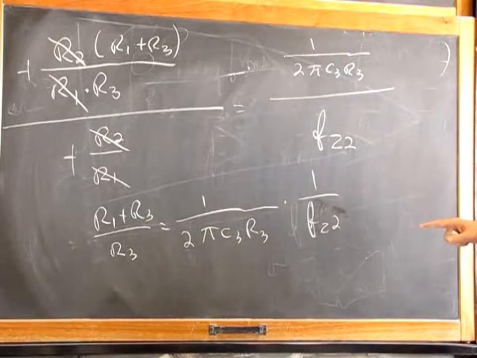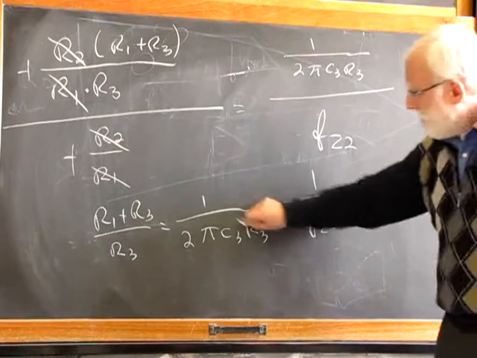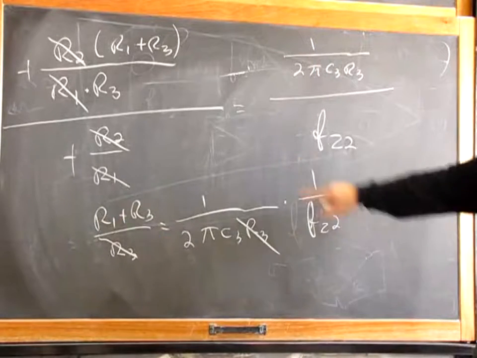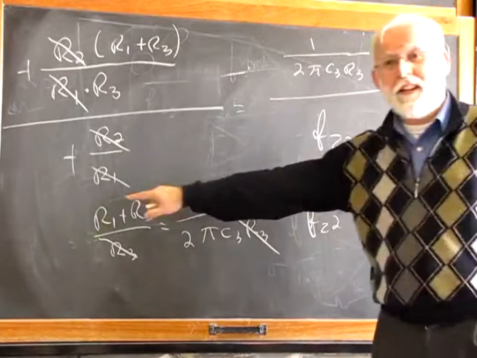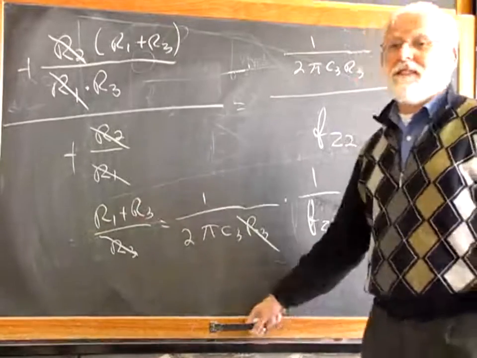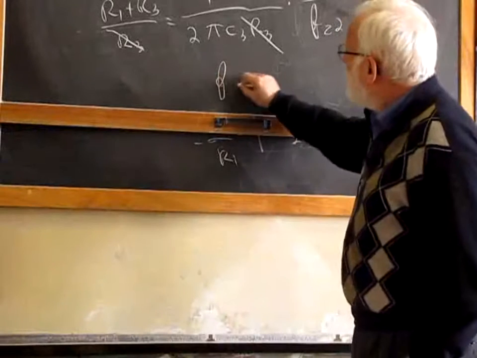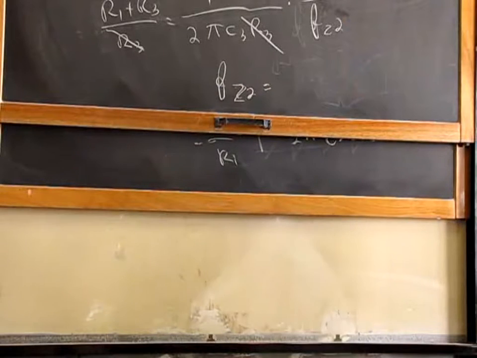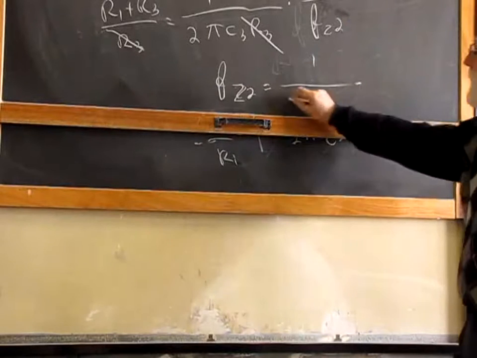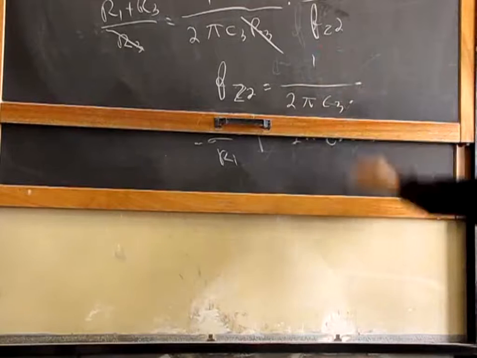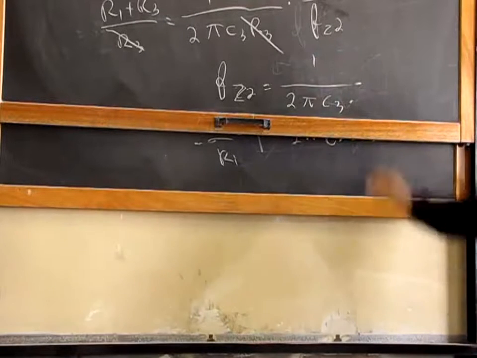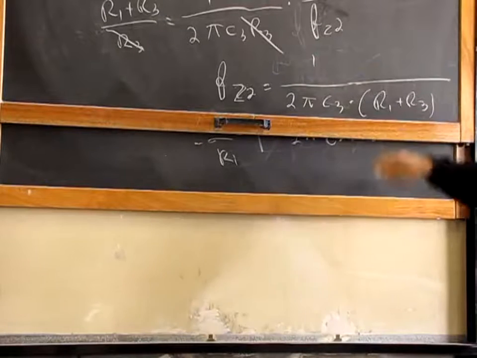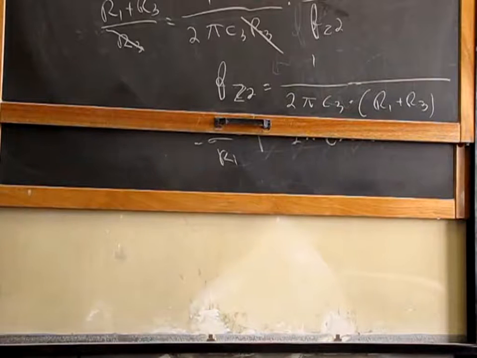That's complicated, very complicated, because we have to cancel R3 and R3 over here, then we have to move FC to the left hand side, and move everything from the left to the right, and we get fz2, the second zero frequency as a function of the components, equal to 1 over 2 pi C3 times R1 plus R3. And this is the second zero frequency.